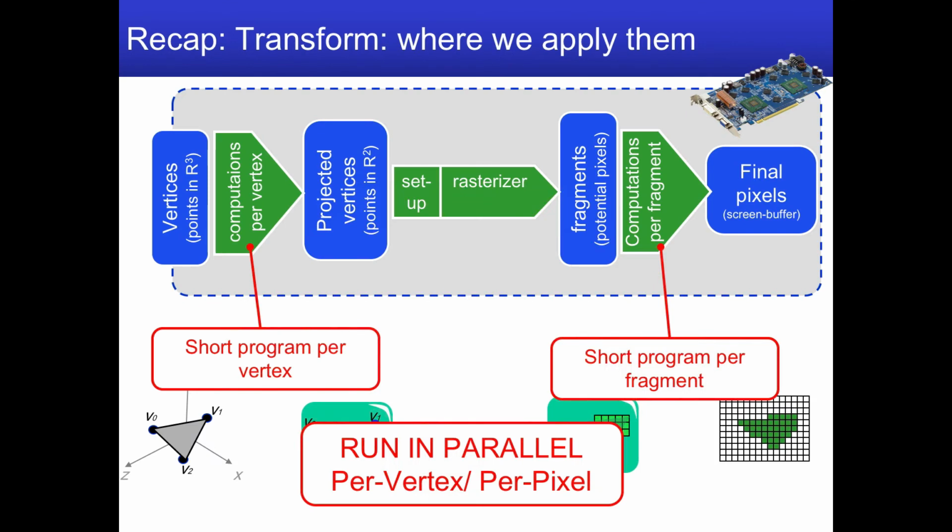Now I'll show a bit of programming. So just to recap, we have two small programs, one running per vertex, one running per fragment. The one running per vertex is called the vertex shader, and the one running per fragment is called the fragment shader.